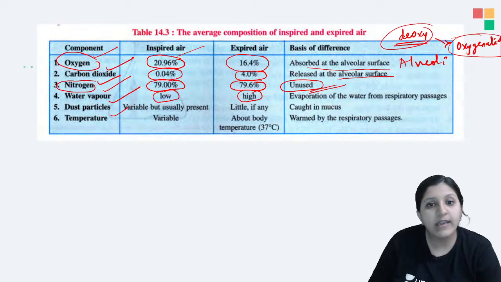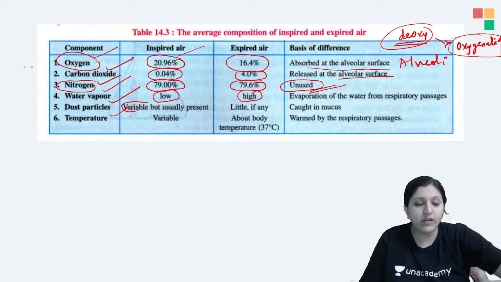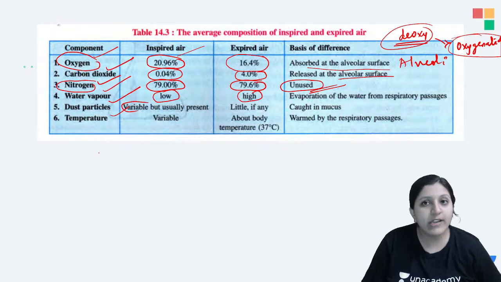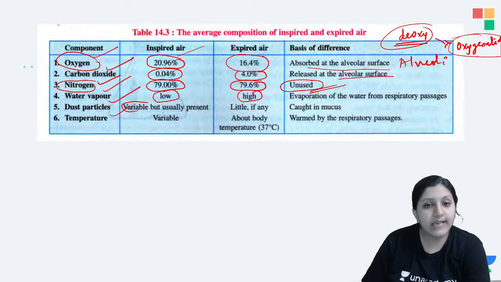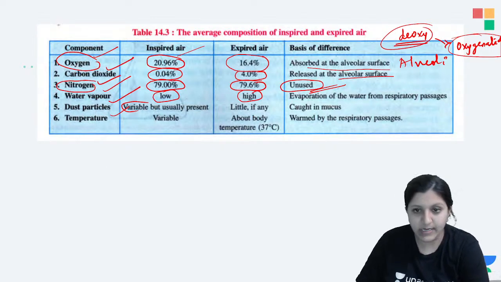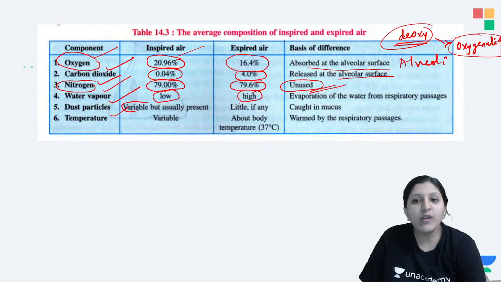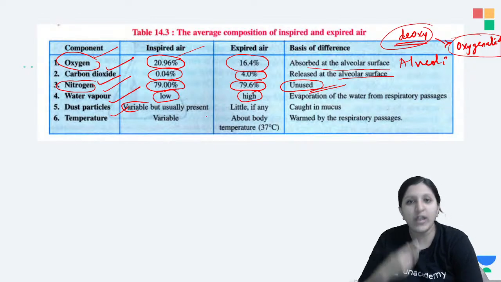So inspired air depends on what kind of atmosphere you are in. Let's say you are in a market where there is a lot of dust, then there can be more dust particles present. Okay, then expired air also can have dust, but again it depends.